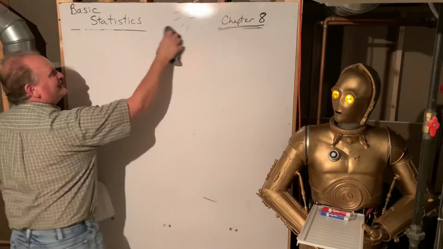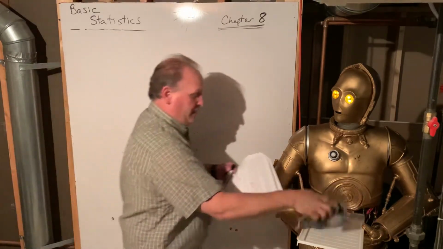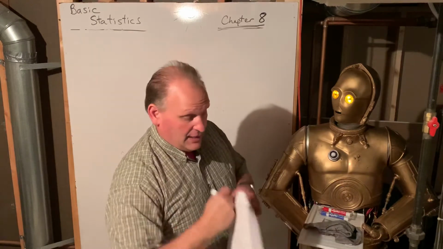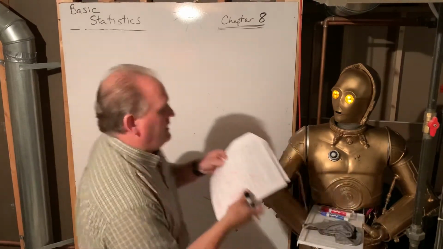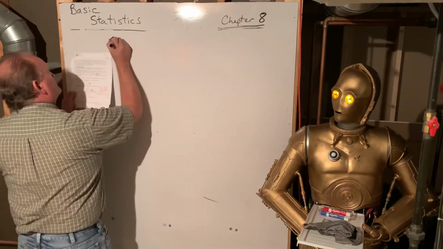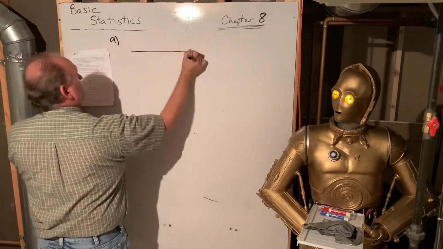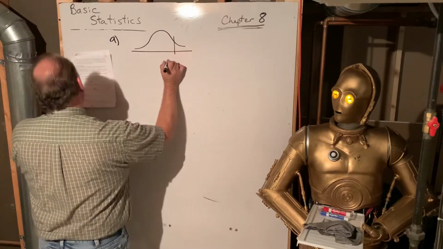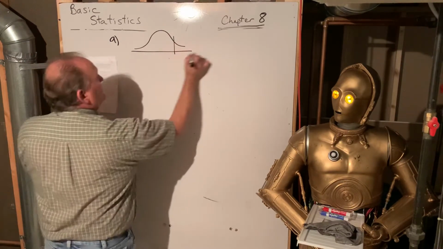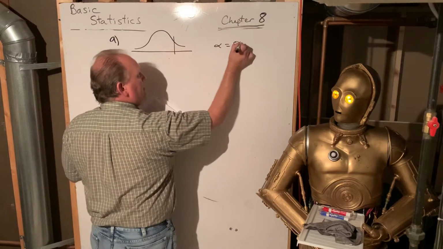All right. So here we go. Page 3, letter A. Significance level is 5%.